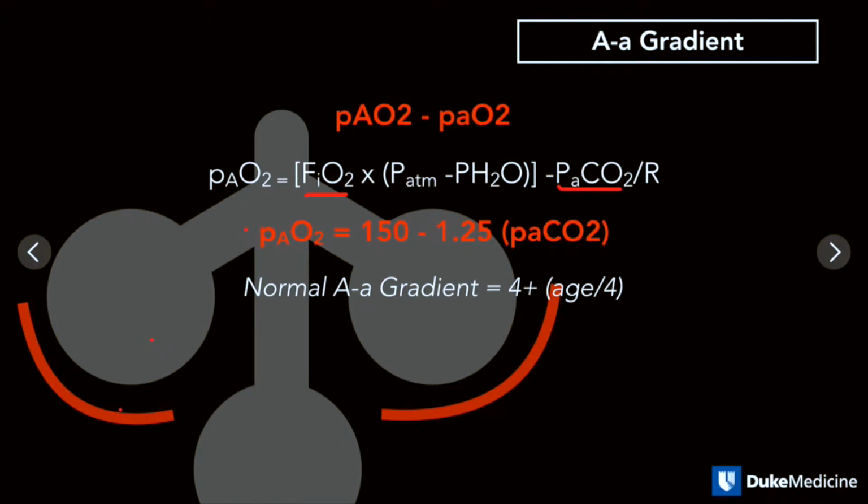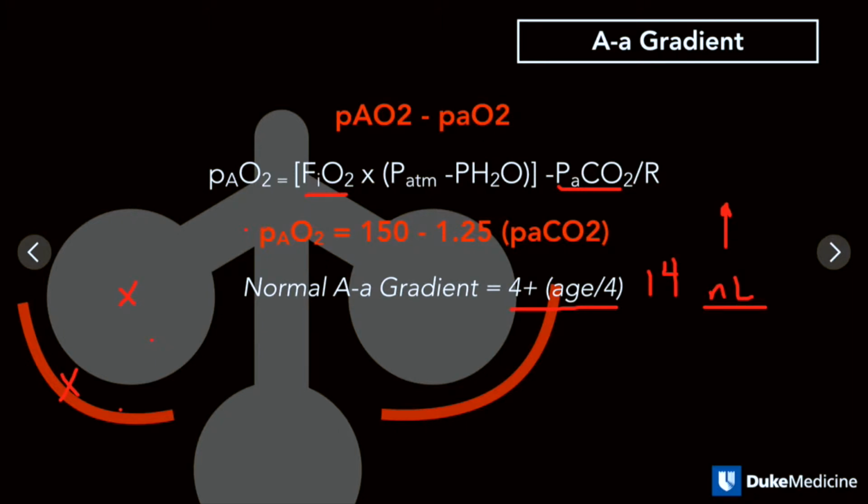So a normal AA gradient is 4 plus the age over 4. So in a 40-year-old patient, this would be about 14. If you have a wide AA gradient, it tells you that there's something wrong in the alveolar capillary unit in the patient. If you have a normal AA gradient, there's something else that's driving this hypoxic respiratory failure.